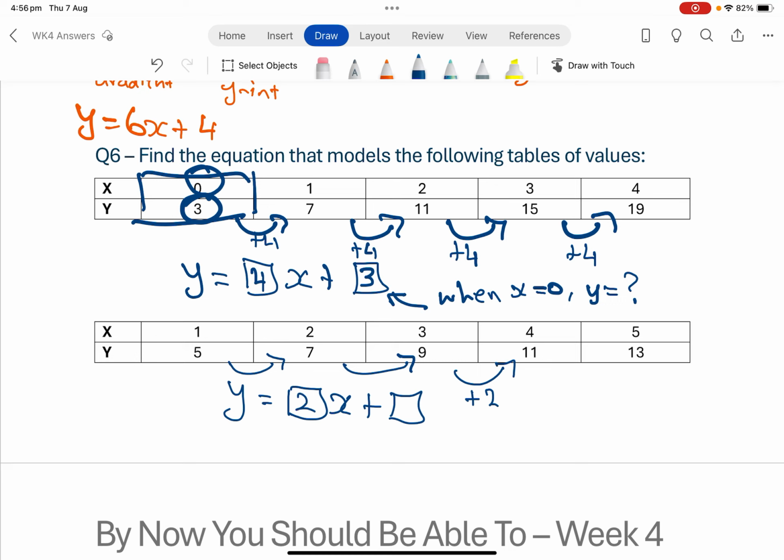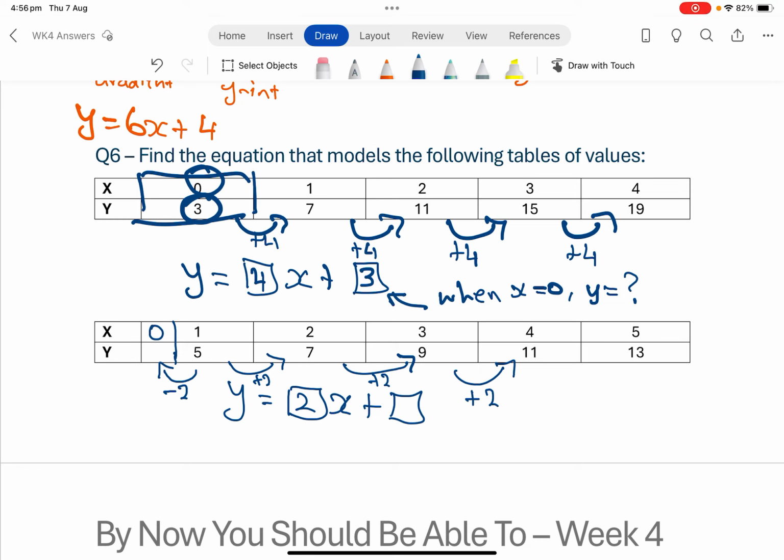But they haven't given us a box where x equals 0. So let's reverse engineer this a little bit. If we pretend that we had another box here where x was 0, what would be the y value? Well, going to the right, I'm adding 2 each time. To go to the left, I'm going to minus 2, right? To go from 7 to 5, I subtract 2.